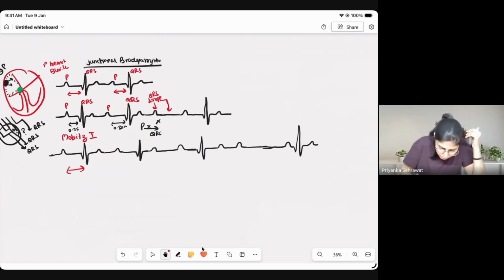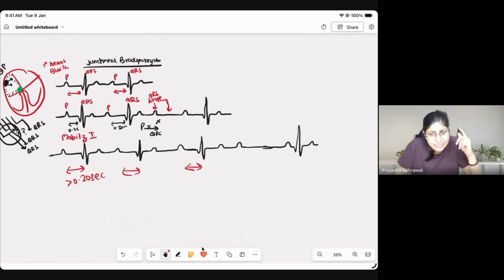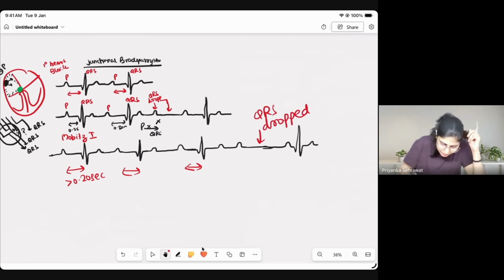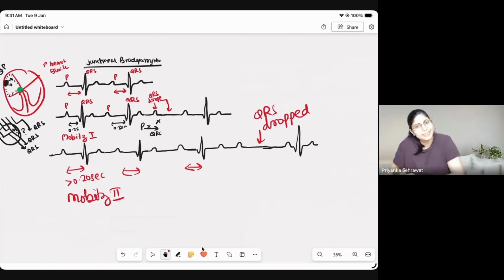What has happened here is PR interval is more than 0.20 second every time. Every time it is equally prolonged till one beat gets dropped. And this is your Mobitz type 2. Okay.